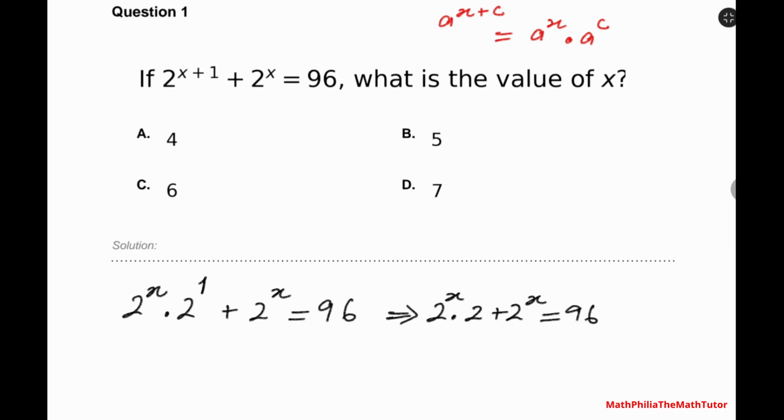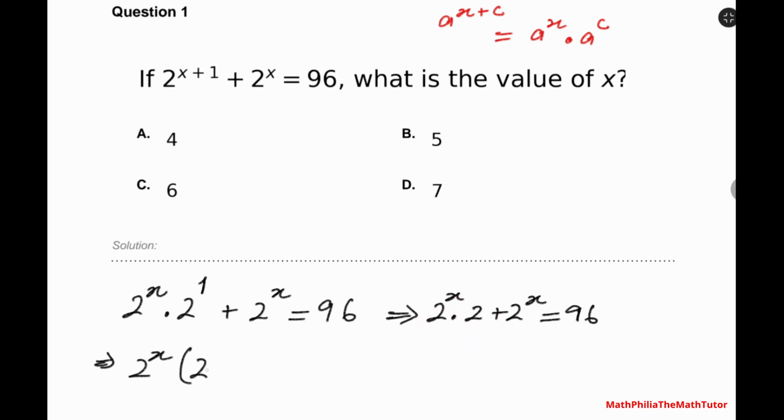Then from here, let's factor out 2 raised to the power of x. We have 2 raised to the power of x here, 2 raised to the power of x here, so we take them out of a bracket. That will be 2 raised to the power of x, and we open the bracket. If you divide 2 raised to the power of x here, this and this will cancel, so only 2 will be remaining.